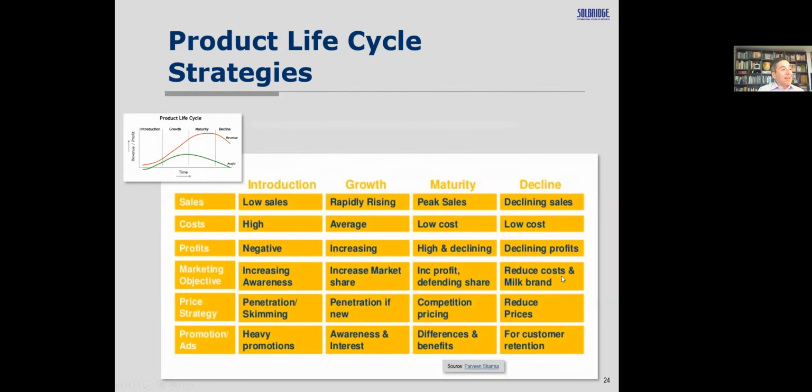So we have product life cycle strategies related to sales, cost, profits, marketing objectives, pricing strategy, promotion strategy. And so a very important thing is these strategies change over time. So as the product is introduced, we will have different strategies compared to when a product is declining over the product life cycle. And we'll have a whole lecture related to the technology life cycle and the product cycle and the different marketing strategies.